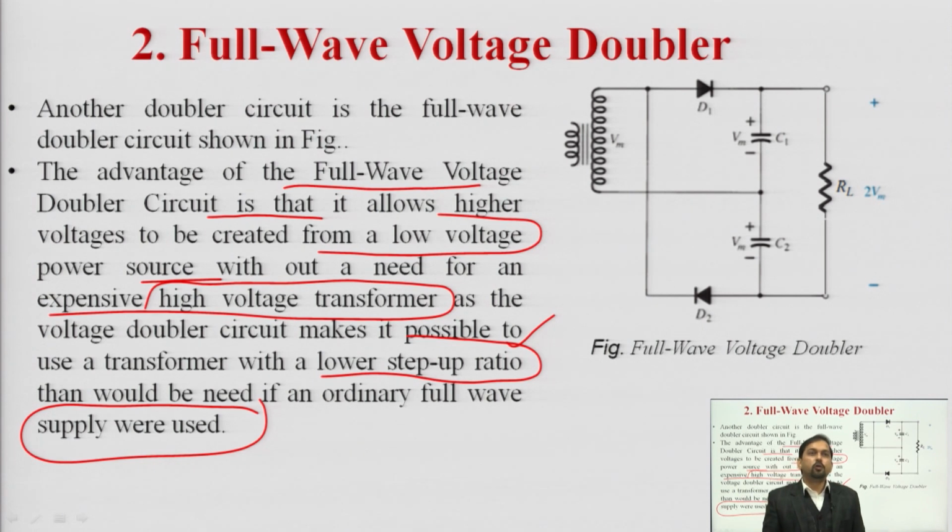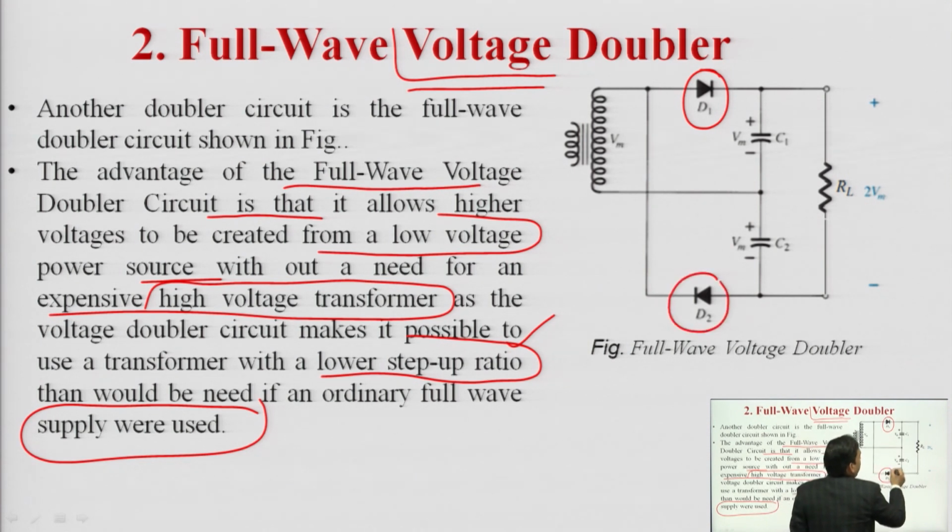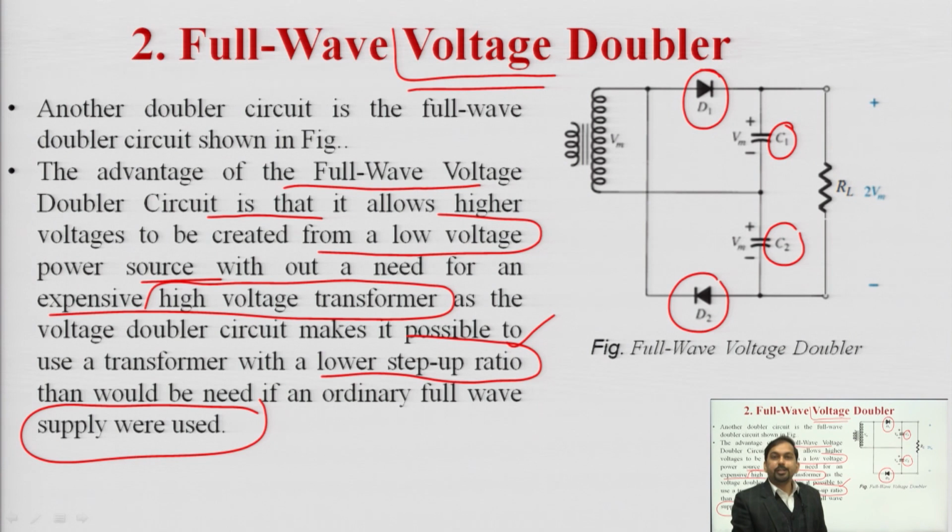So for this full wave voltage doubler circuit, we have the circuit something like this. Again, since it is a voltage doubler, we need 2 diodes and 2 capacitors, but their arrangement is somewhat different from the half wave. Now how can we proceed with the working of this full wave voltage doubler?